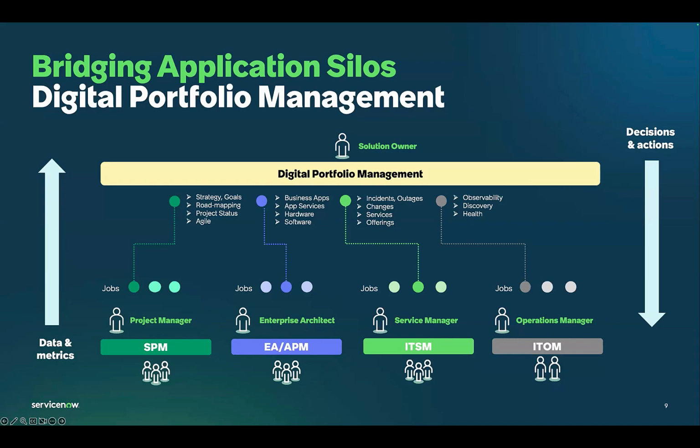With DPM, it's not just about managing IT, but also about strategically aligning it with your business goals. It rolls up views that you see in strategic portfolio management, whether it's your strategy, goals, or product roadmap, and allows you to connect that to your offerings, incidents, outages, changes, and any availability-related metrics that you might have.